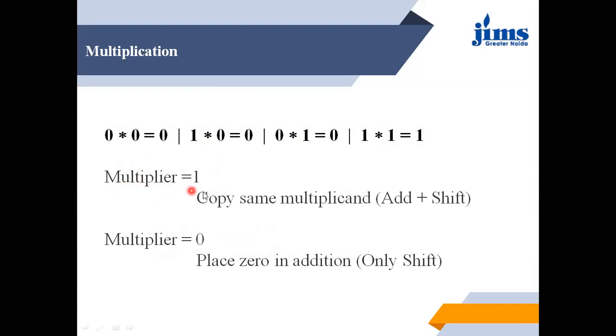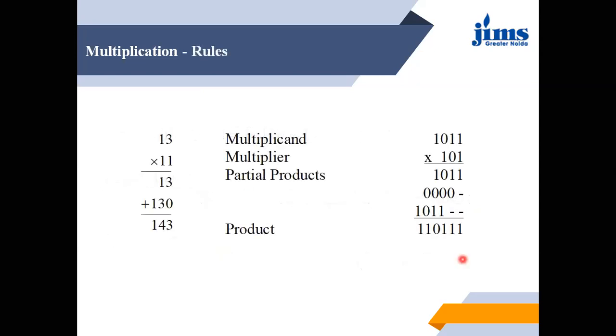When the multiplier bit is 1, we have to copy the same number and then shift. In case of 0, we only perform a shift operation. Then we discussed the analogy between decimal and binary multiplication.